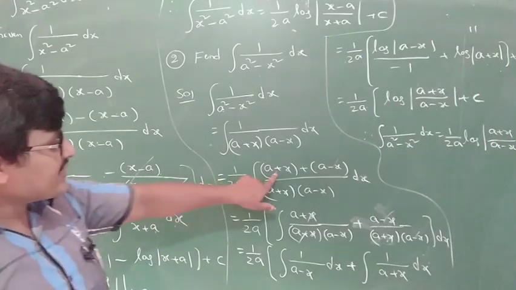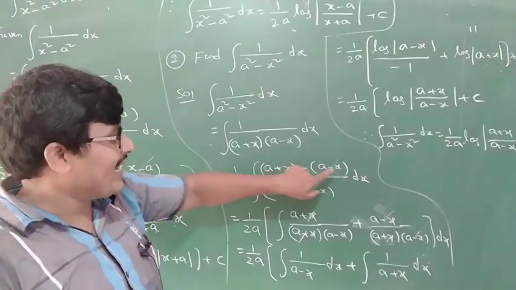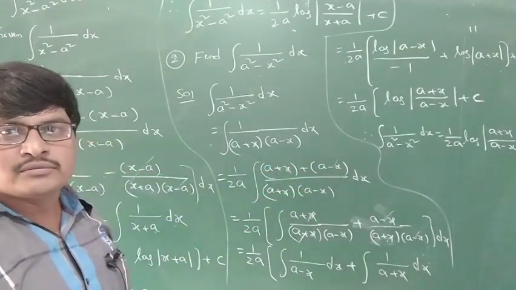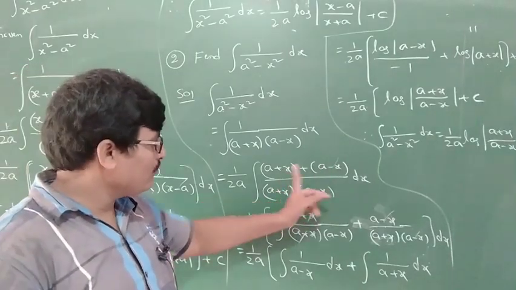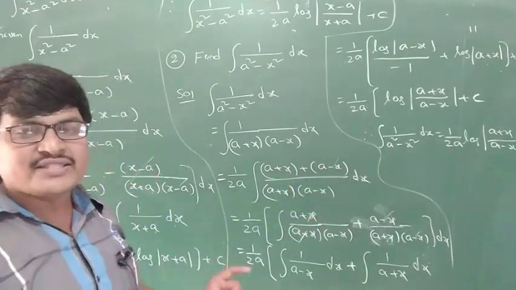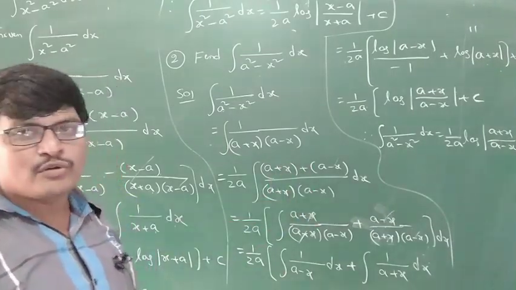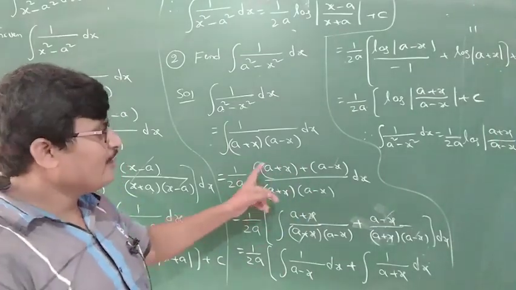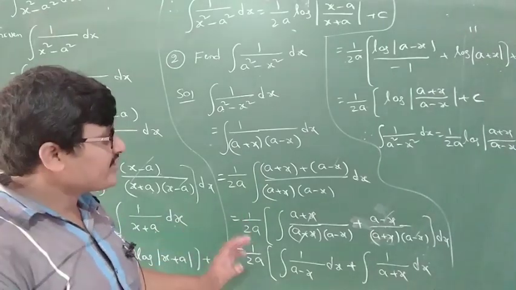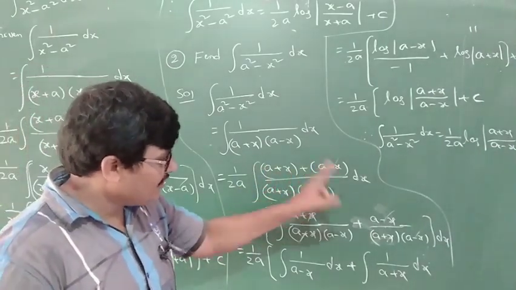So here a plus x plus a minus x, the x must cancel. We have to cancel both x because x is a variable. Constant is no problem. So divide and multiply; compulsorily we have to cancel x.